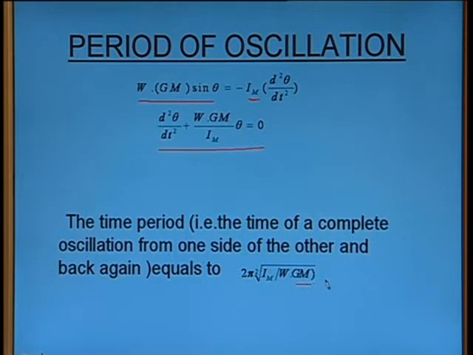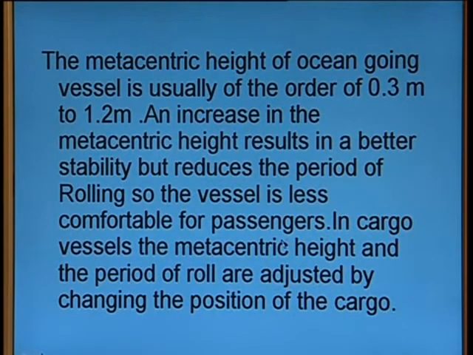So in case of an ocean going vessel, this GM is generally kept between 0.3 meter to 1.2 meter. Now if GM is increased, then it is better for stability, but the period of rolling reduces. Because of that, the comfort of the passenger is less.